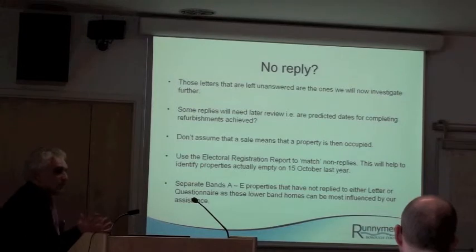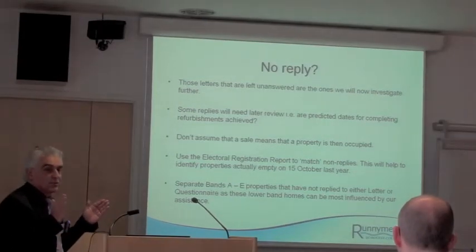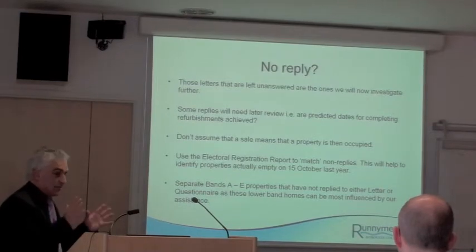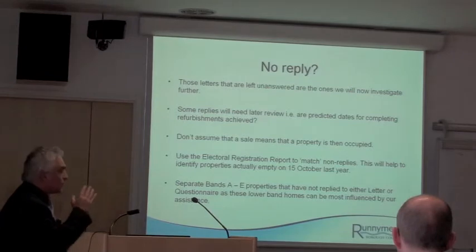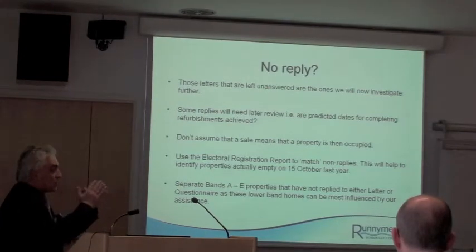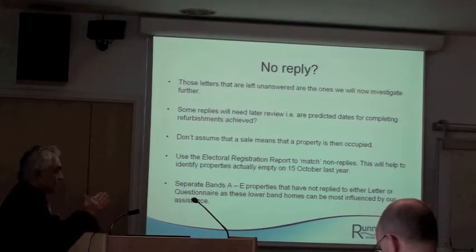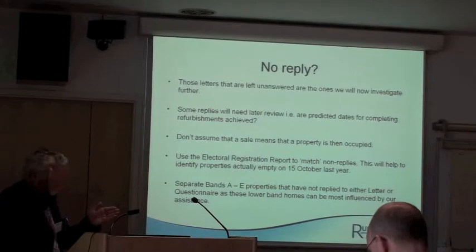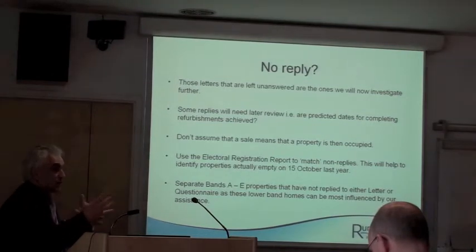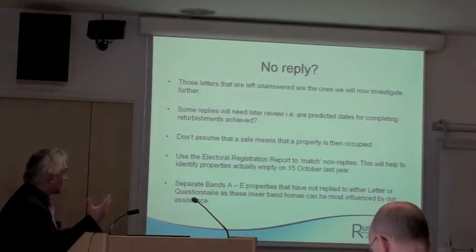But as I said at the beginning, you'll find the electoral registration report for vacant properties is massive and is 90% people who don't want to vote. But you can cross-check your spreadsheet against those reports to pinpoint the properties that are still empty when you're doing this, which is much later than October the 15th usually. Could be quite a few months later.